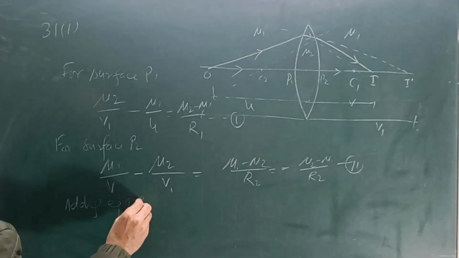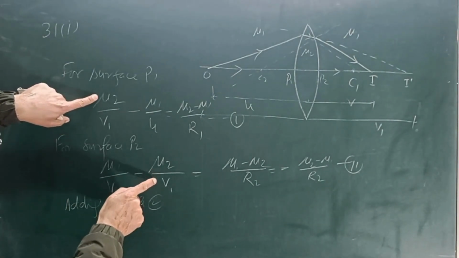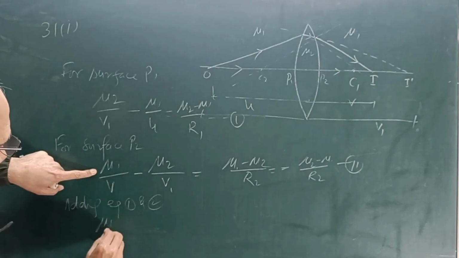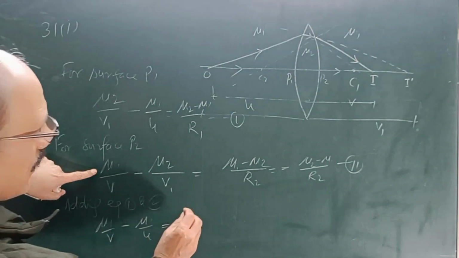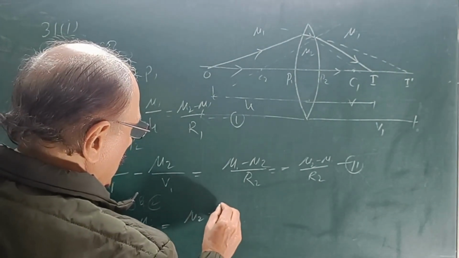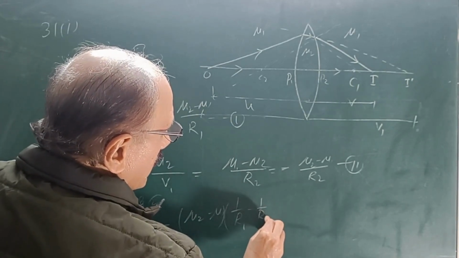Adding equation 1 and 2, mu2 by V1 cancels out, and we simply get mu1 upon V minus mu1 upon U equals mu2 minus mu1 into 1 by R1 minus 1 by R2.